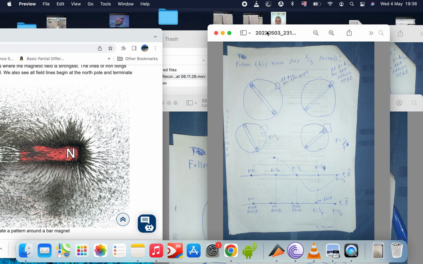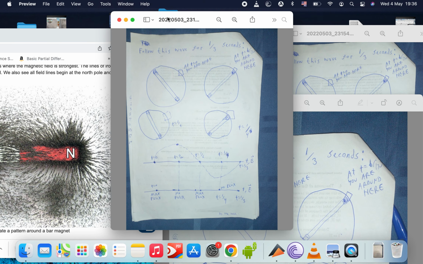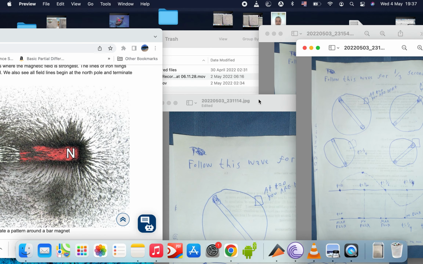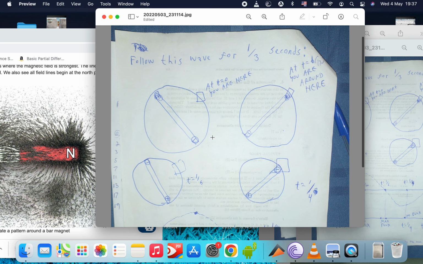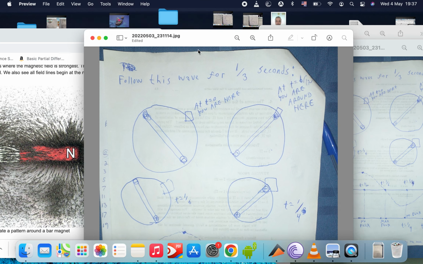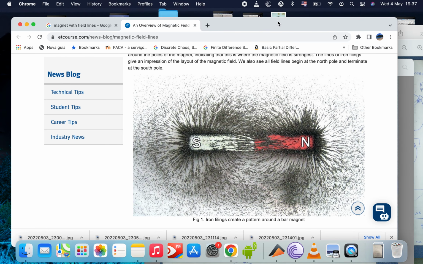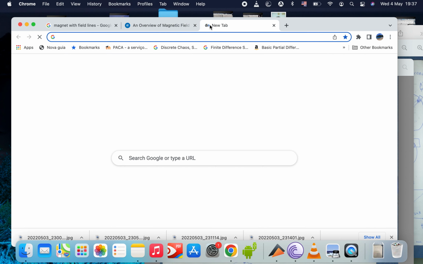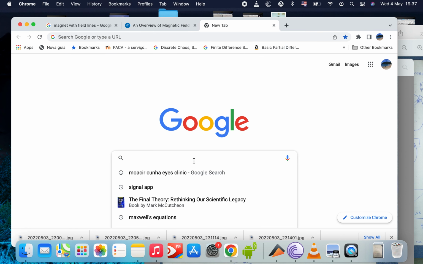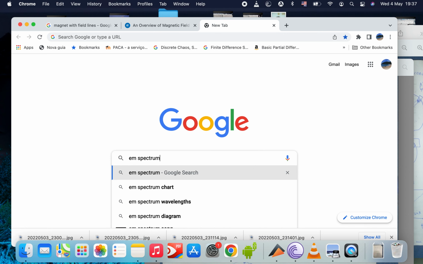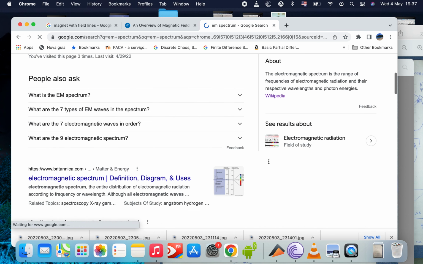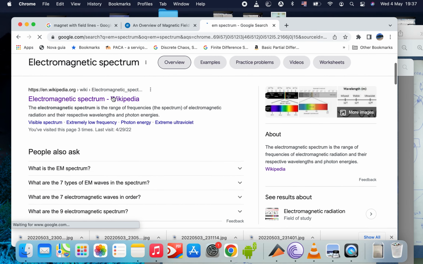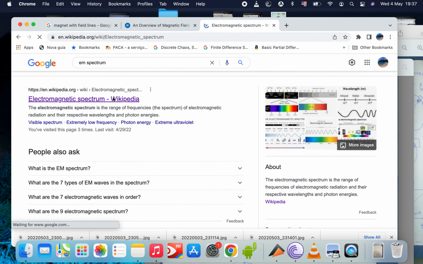So we begin. Where do we begin? Well, actually, let's look at the electromagnetic spectrum first. So, EM spectrum. Let's look at this one.